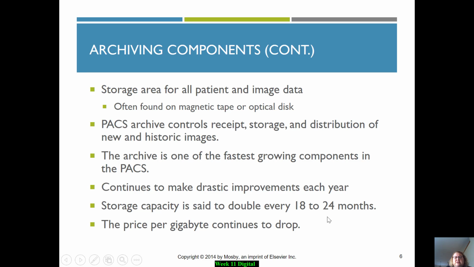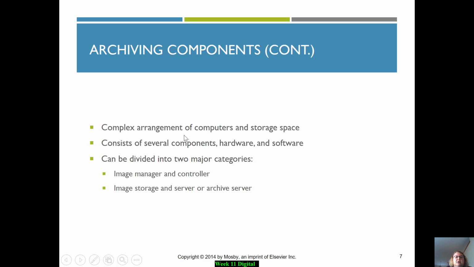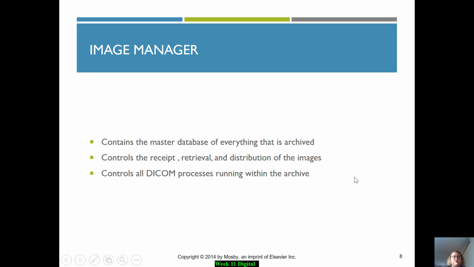As we see more and more capacity being needed, that's why you're starting to see a lot more outside vendors providing that service for storage. So you need computers, you need storage space, you have to have the hardware and the software in order to do that, and that's what your hospital servers do, or their outside agency.